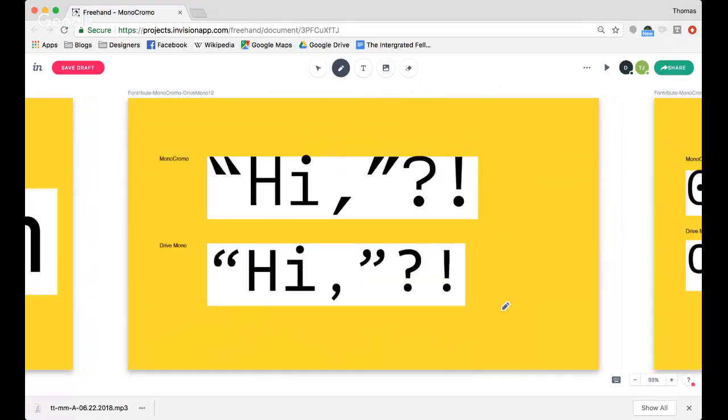I like using punctuation. I think the difference in punctuation is very telling. Yours are these triangular forms for the quotation marks, and I have to say yours are much more successful. In Drive Mono there's literally an abrupt movement right here and here. It's not as convincing, the quote marks per se.